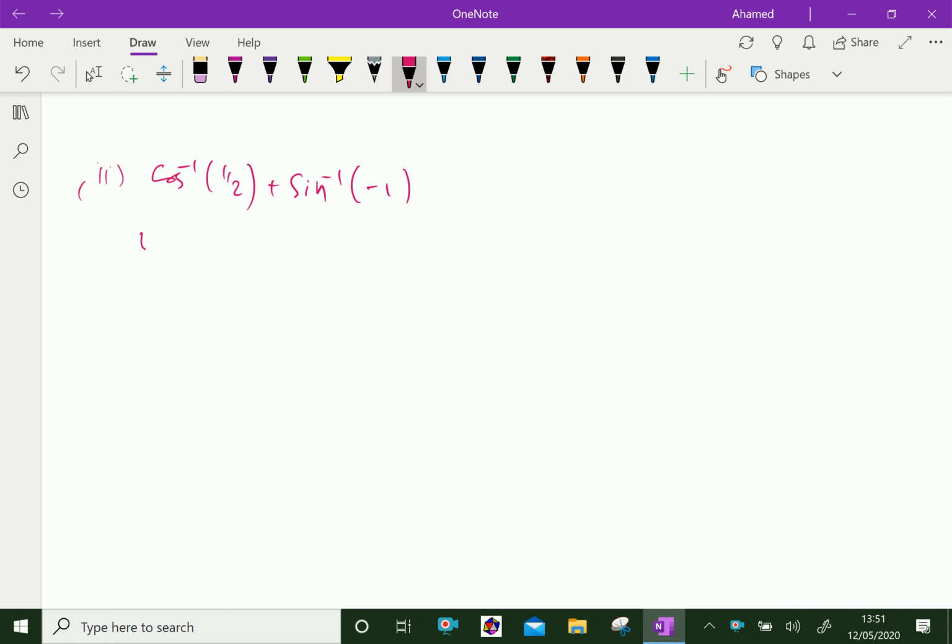Let cos inverse half equal x and sin inverse minus 1 equal y.